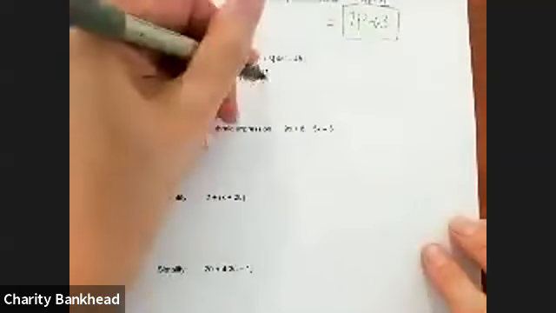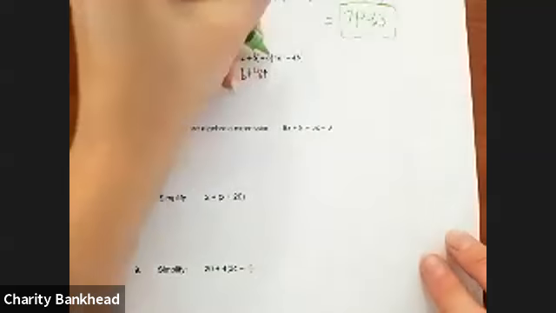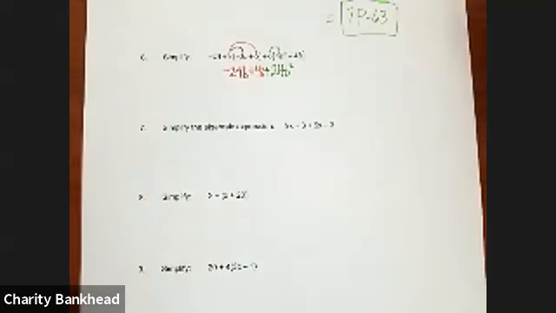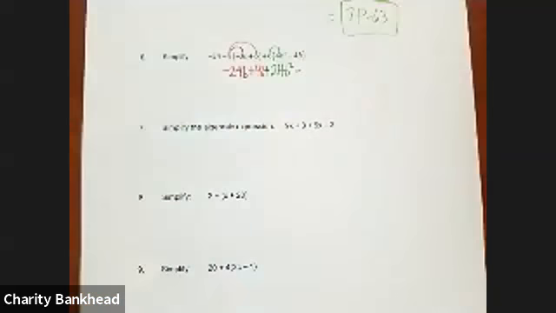Plus, and then I'm going to distribute the 6. So 6 times 4 is 24. So that's 24b squared, minus, and then again, 6 times 4 is 24.